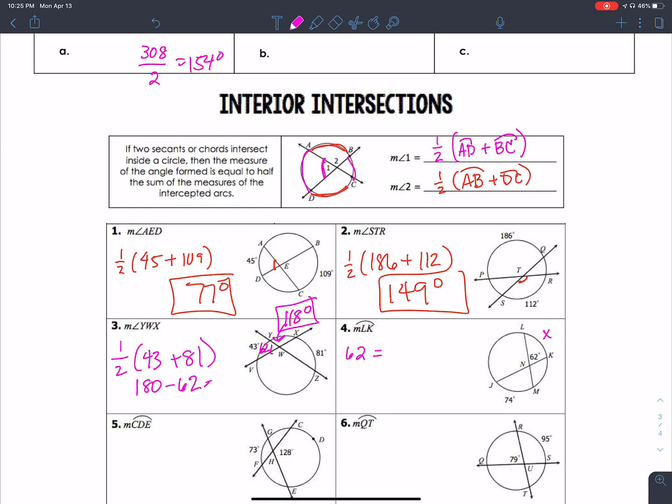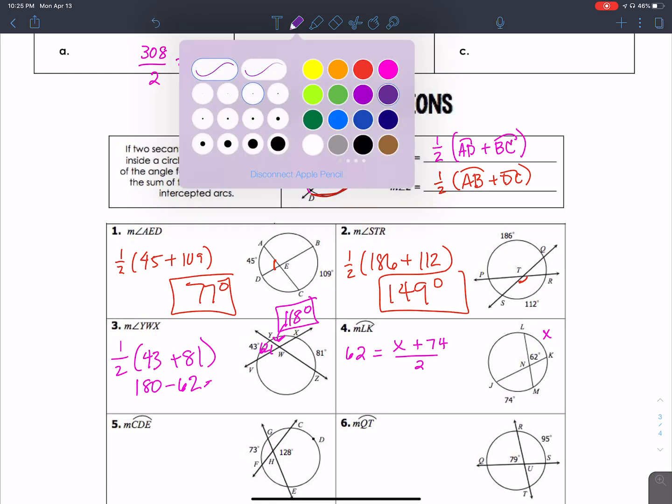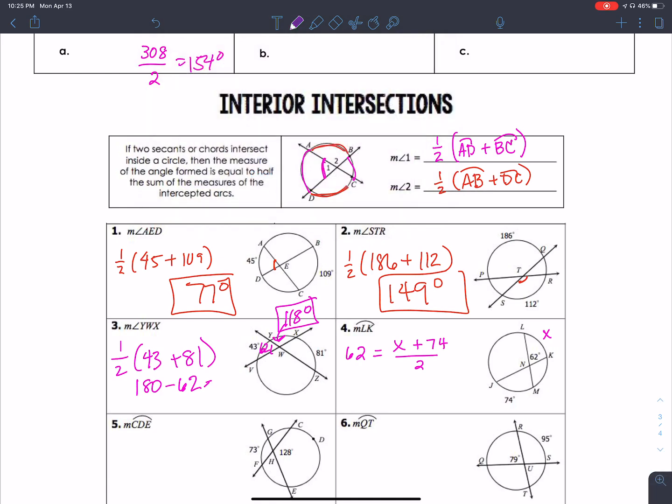So it's the arc that we don't know plus the other arc, divided by 2. Our first step is to multiply both sides by 2. So 2 times 62 gives me 124 equals x plus 74. Then 124 minus 74 gives me 50.